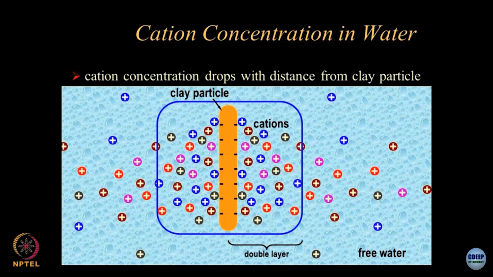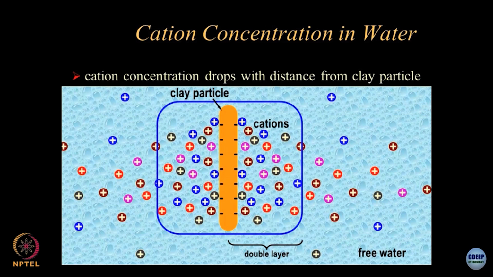F is inversely proportional to R square at subatomic level. You have studied the concept of energy wells, is it not? So, these are the examples. I hope you can realize that at the interface of the clay particle there is a lot of concentration of cations, and this box which I have shown is known as a double layer.